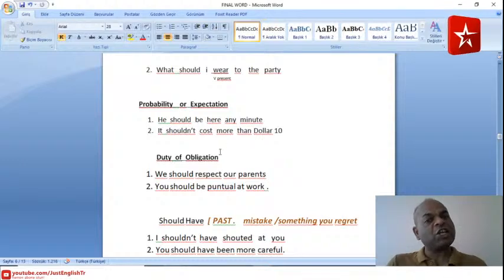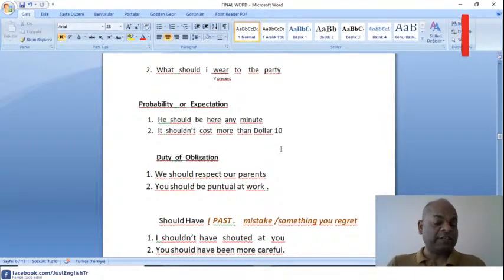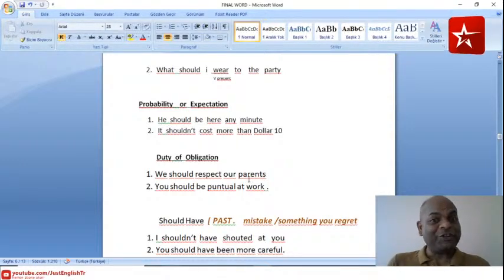Now, when you say it shouldn't cost more than $10, that means what? Something you want to buy, and remember, it should not cost you more. It should be still $10 or less than $10. All right, students? I hope you're understanding.